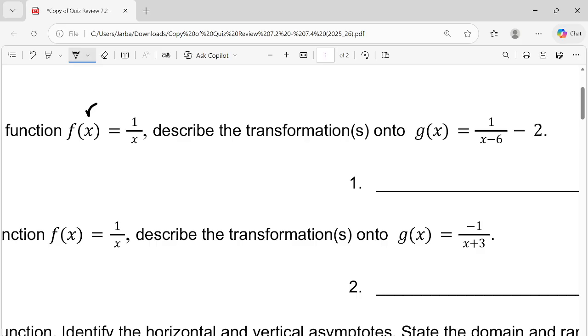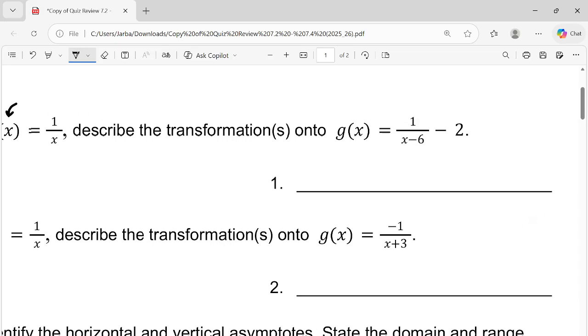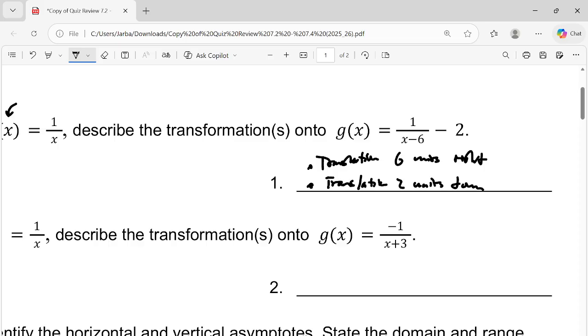This is going to be a horizontal translation, so translation 6 units right, because when you do minus on the inside, that moves it right. And then this minus 2 out in front is going to move it 2 down. So translation 2 units down.